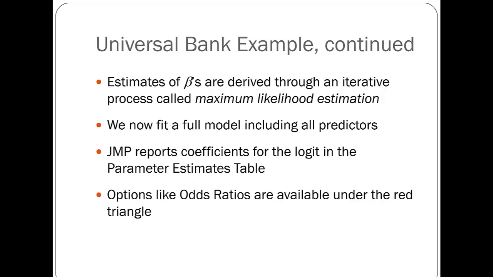So we can continue then by fitting the model to all of the x variables that we might possibly want to use. And we're not going to get into the model choice portion of this yet, but just note that the betas are found using what's called maximum likelihood estimation. It's a little bit different than the least squares estimation we did in simple regression, but the idea is basically the same.